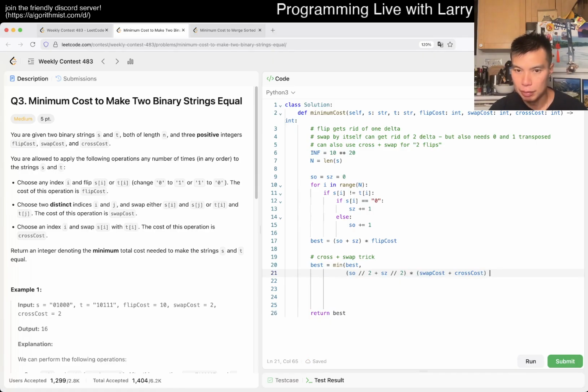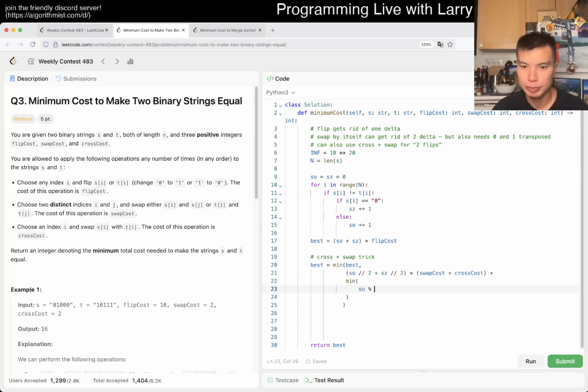Plus, then now you have an extra one of these maybe. So you have extra of these, and then you get rid of them either by flipping or a swap if you have one of the other, but that's so annoying to write. How do I even write that?